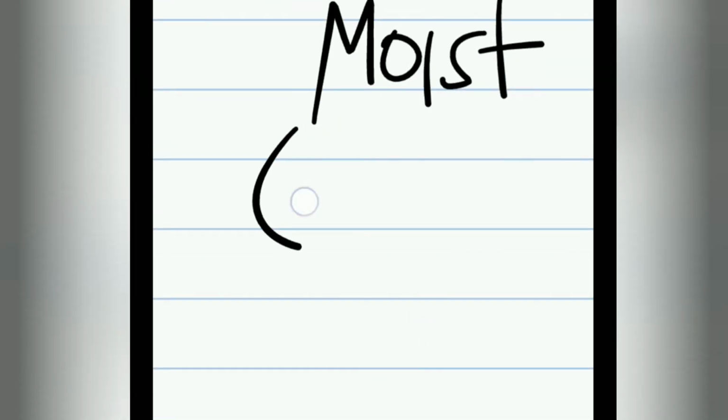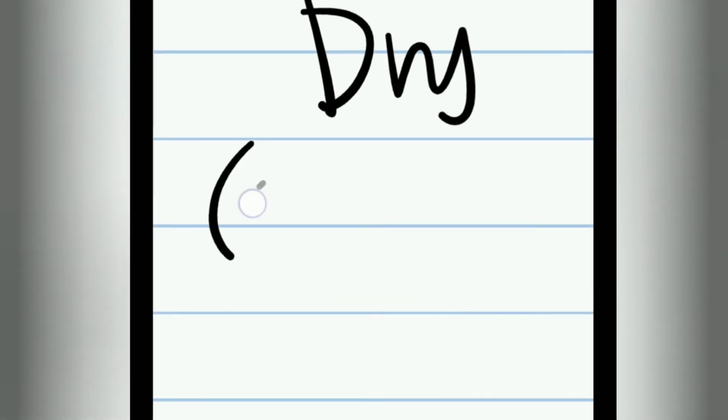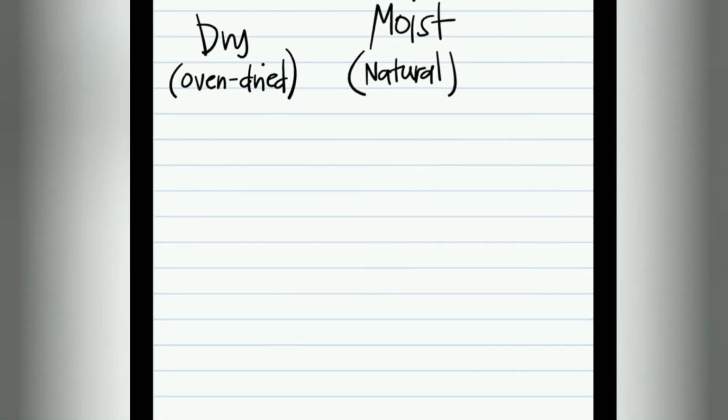So that's natural or moist. Now, when you put that sample in the oven and let it dry completely, waterless, then that will be categorized as dry or oven dried soil sample.